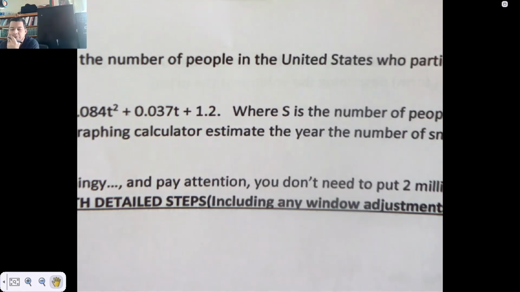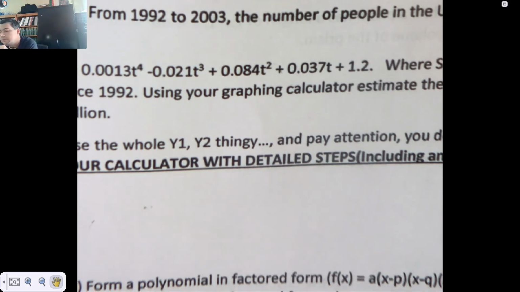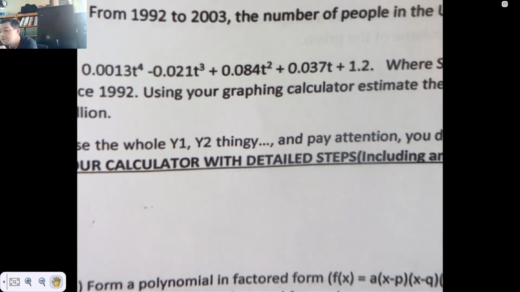From 1992 to 2003, the number of people in the United States who participated in snowboarding can be modeled by S equals 0.0013 t to the fourth minus 0.021 t cubed plus 0.084 t squared plus 0.037 t plus 1.2, where S is the number of people in millions, and t is the number of years since 1992. Using a graphing calculator, estimate the year the number of snowboarders was first greater than 2 million.